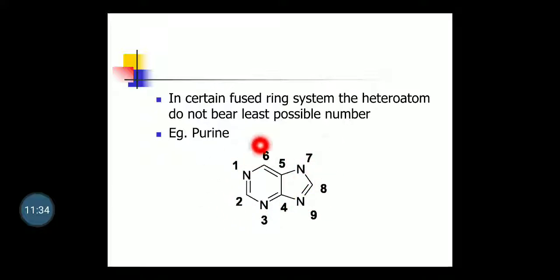So this is an exceptional case in which we start numbering with the nitrogen, and we are counting the common carbon atoms also. Instead of going, for example, 4 or 5 next to this nitrogen, we covered the 6-member ring first, and then we shifted to the next 5-member ring, which was again part of the exception.